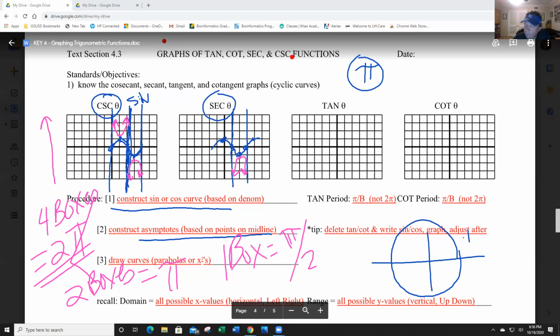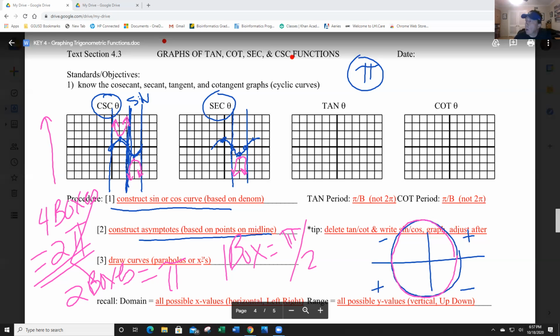Tangent is positive here, negative here, positive in the 3rd quadrant, and negative in the 4th quadrant. So again, I'll change color so you can see it. As you move around this circle, at this point, tangent's going to repeat itself. It's only every pi, not 2 pi like sine and cosine. Okay, so this one has a different period.